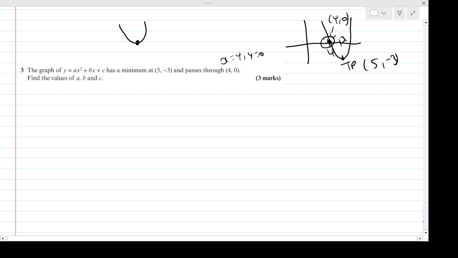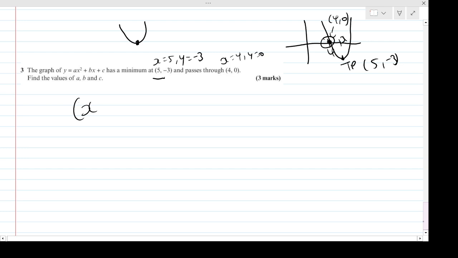Well, actually, we could reverse engineer and work backwards with completing the square. Remember, in completing the square, we have to set the bracket equal to 0. Well, the minimum is x is 5, y is minus 3.